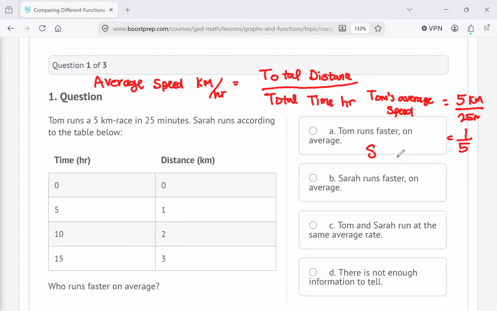So for Sarah's average, you could pick any time you want. You could do 2 out of 10, right? Any time works. It would be 3 kilometers, and for 3 kilometers, it would take her 15 hours.